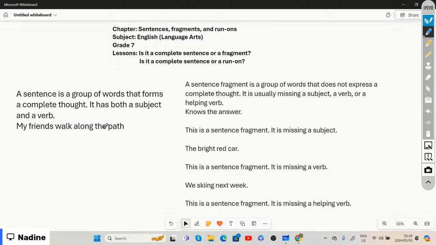If we look at an example of a sentence, so basically, a sentence is a group of words that forms a complete thought and it has a subject and a verb.